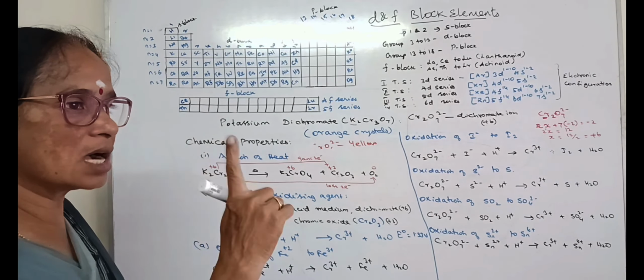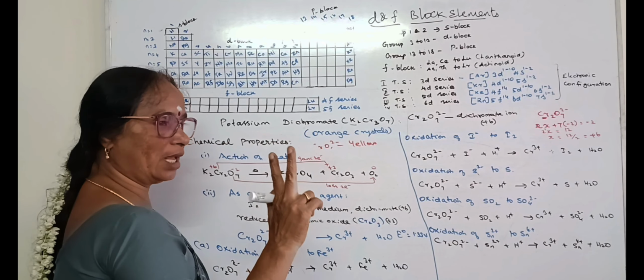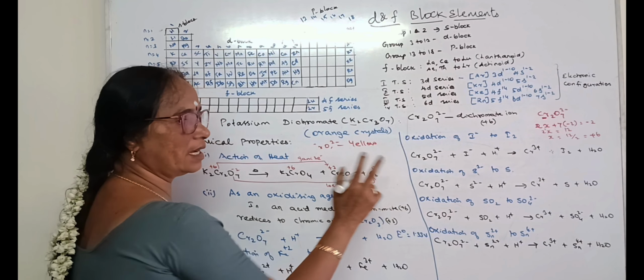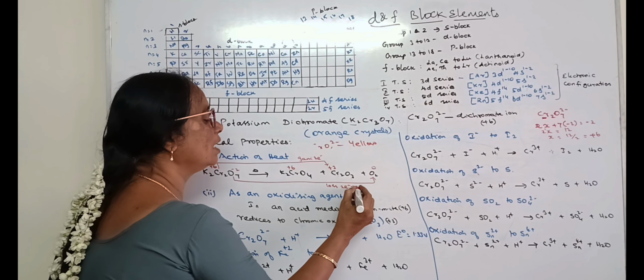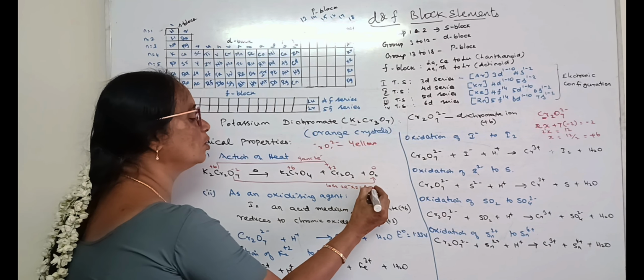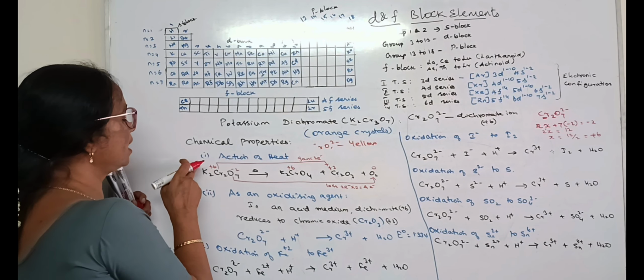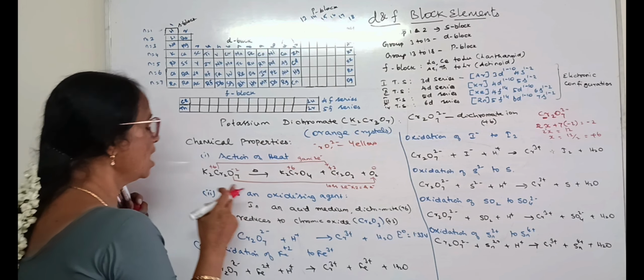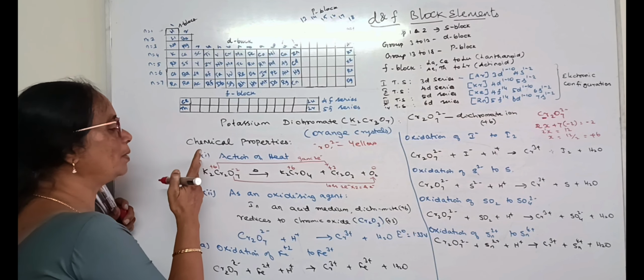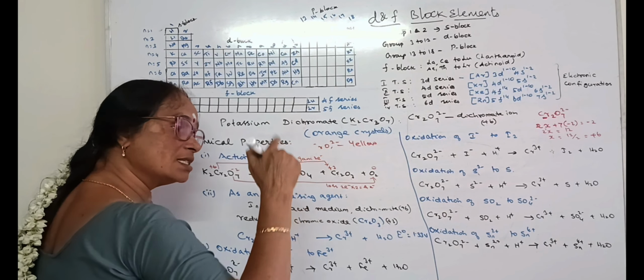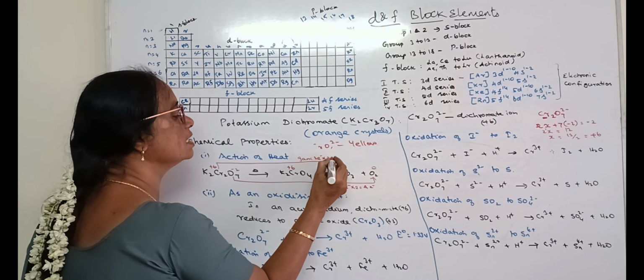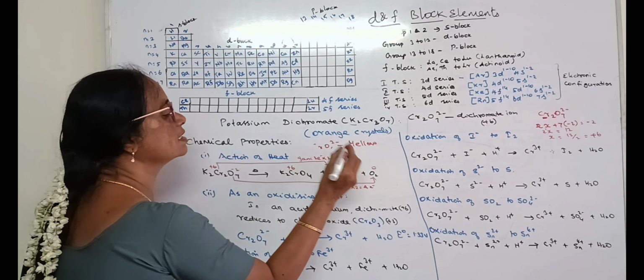So one oxygen can lose 2 electrons. How many oxygen do I have? 2. So I can multiply this by 2, equal to 4 electrons. And here one chromium changes from +6 to +3, but I have 2 chromium in +6, so it requires 6 electrons. That's why this is multiplied by 2, 6 electrons.